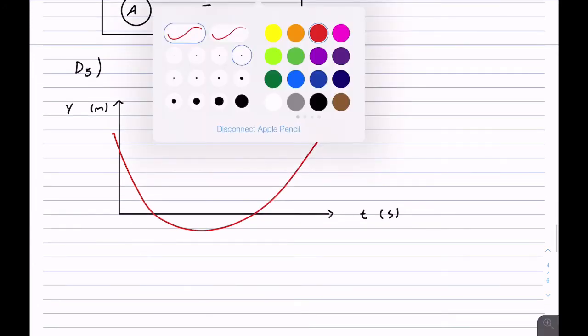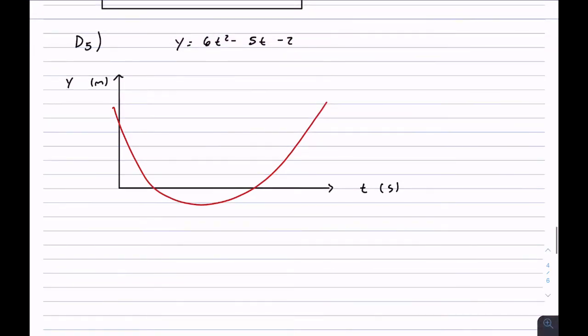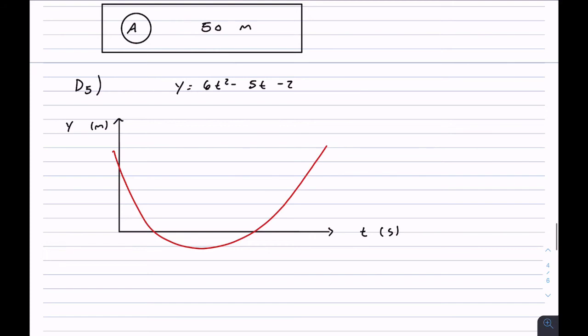Now, what we're looking for is where is this thing going to change direction? Well, we can just see that this is actually going down. We're traveling downward before we hit a point right here. This right here is going to be where our tangent, our velocity, is equal to 0.